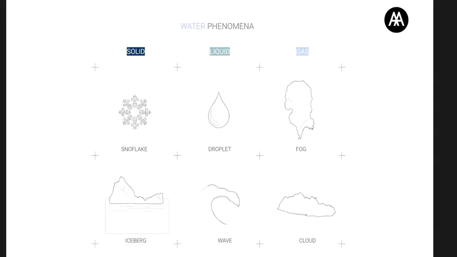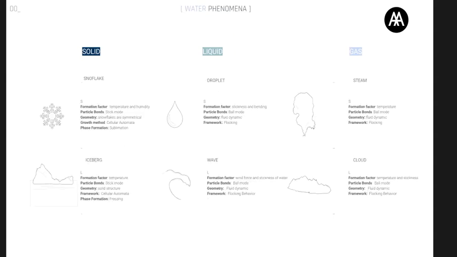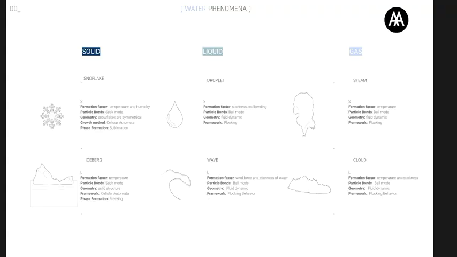So we could question ourselves, what is the formation rule set for each one of them, which is a formation factor, and which could be a formation simulation method. So we go from the smaller scale to the larger scale.